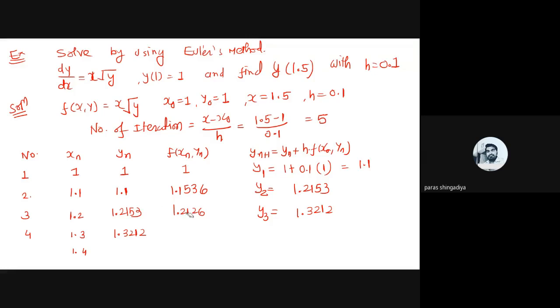Here you will get not 1.2126. That is the 1.2 square root 1.2153, it is 1.3228. Okay, and here it will be modified now. So 1.2 plus 0.1 in the bracket 1.3228. So it is 1.33.